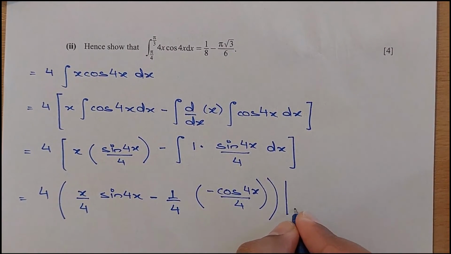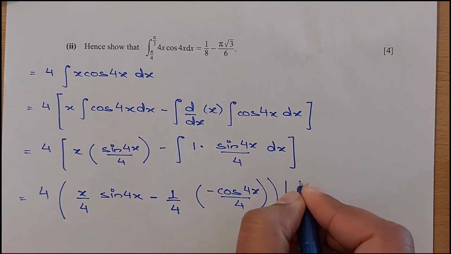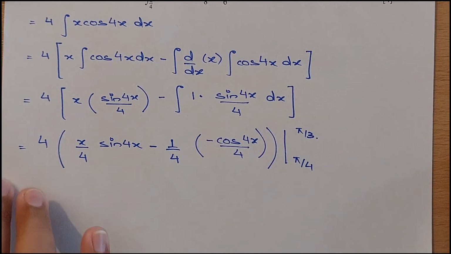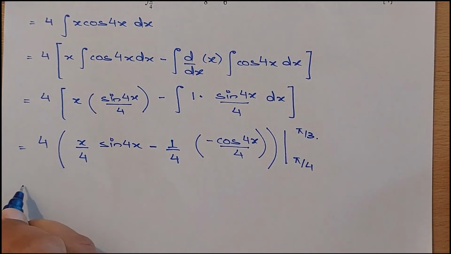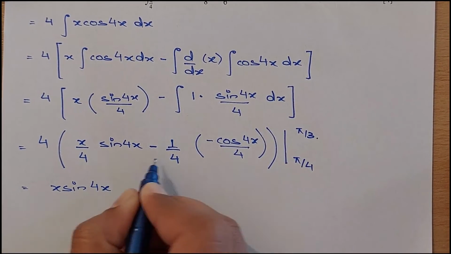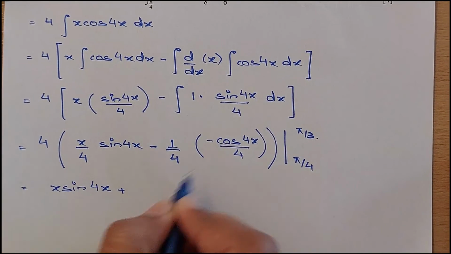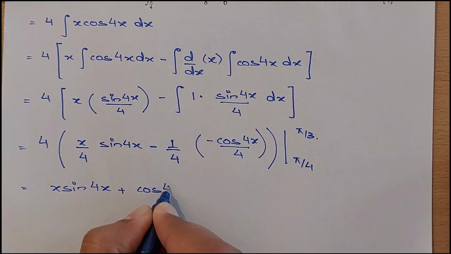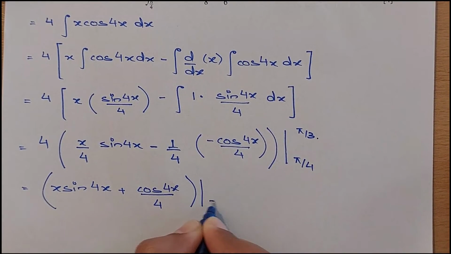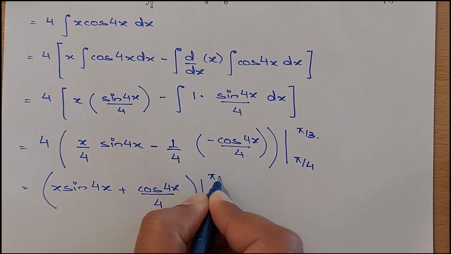So let me put the limits, pi by 4 to pi by 3. Right, so let me multiply with the 4. So we have x sine 4x over here, and negative times negative is positive, 4 is cancelled with 4, cos 4x by 4. Now we have to substitute the limits, pi by 4 to pi by 3.